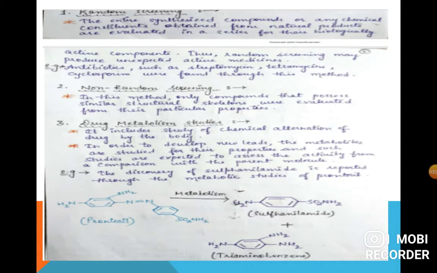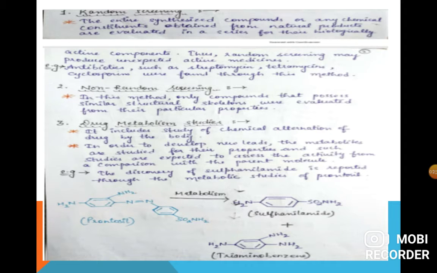In random screening, all the synthesized compounds or chemical constituents obtained from natural products are evaluated in a series for their biological activity. For example, antibiotics such as streptomycin, terramycin, and cyclosporin were found through this random screening technique.